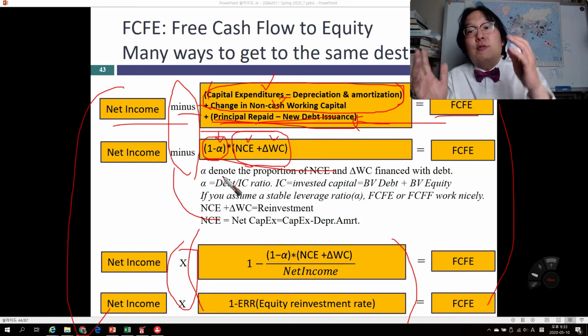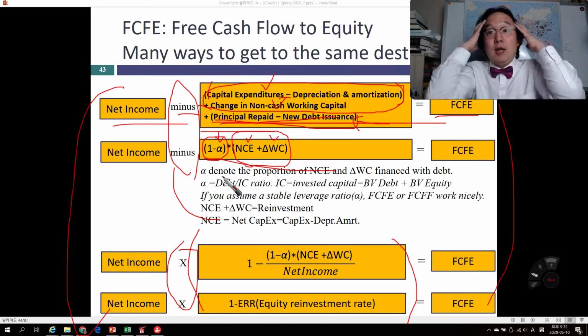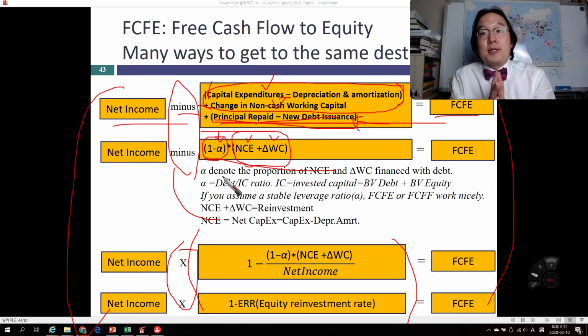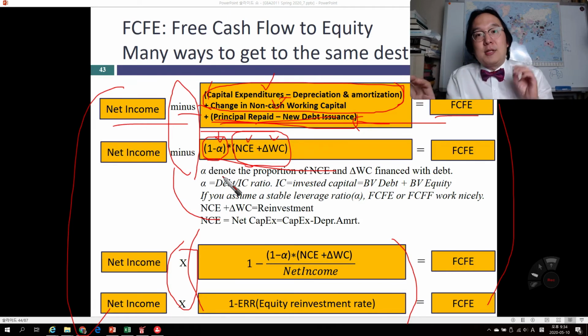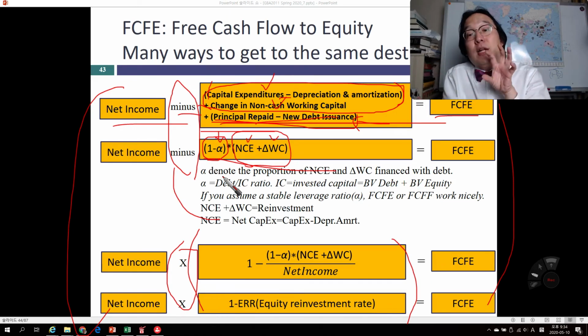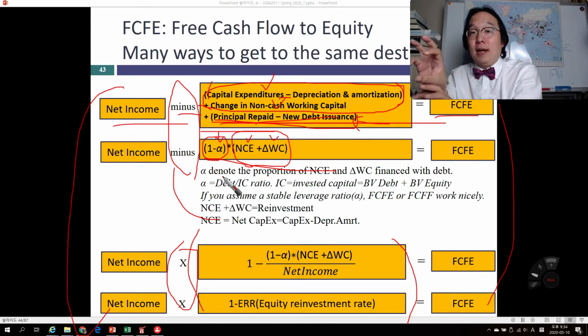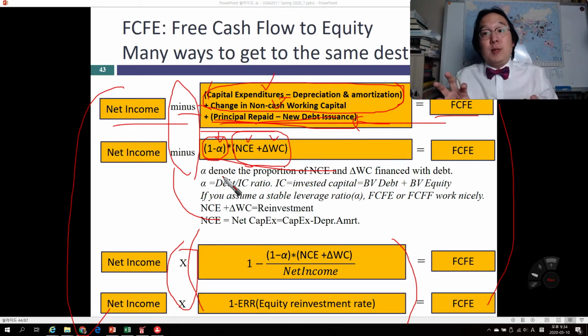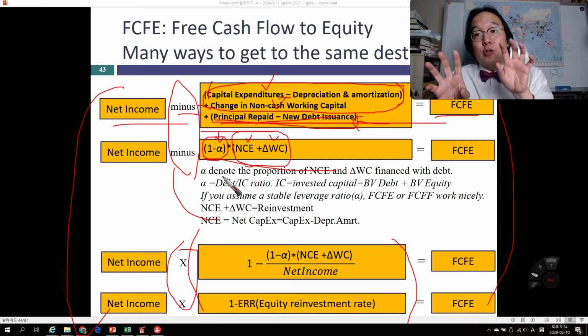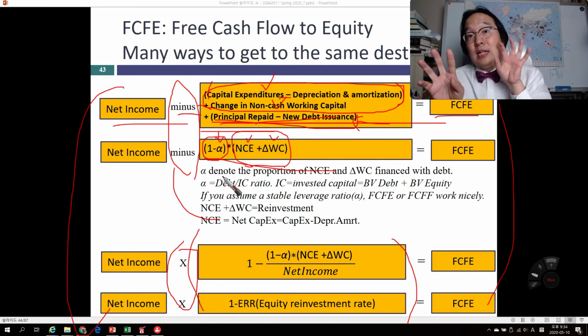It's close to the leverage ratio kind of concept. Usually companies try to keep something stable, called the debt to invested capital ratio. Out of the total investment, a certain portion should always be taken care of by debt holders, which means the remaining part should always be taken care of by the equity holders.